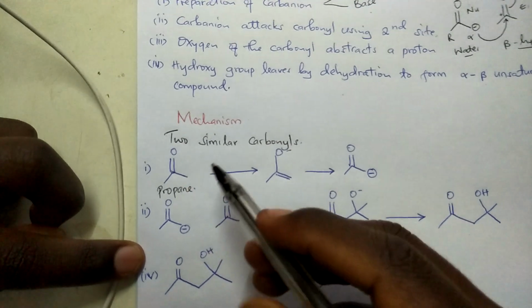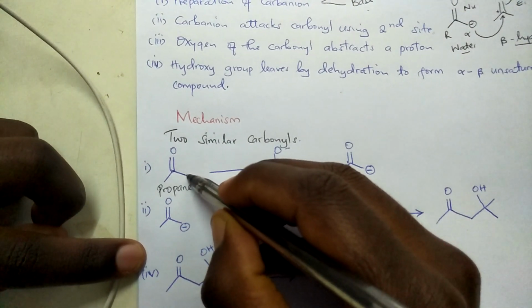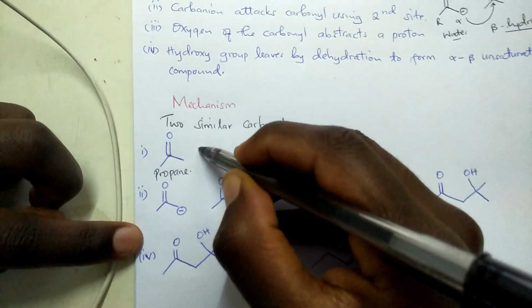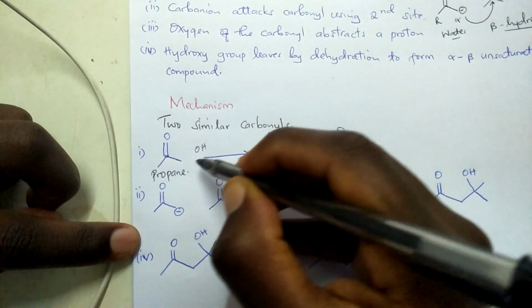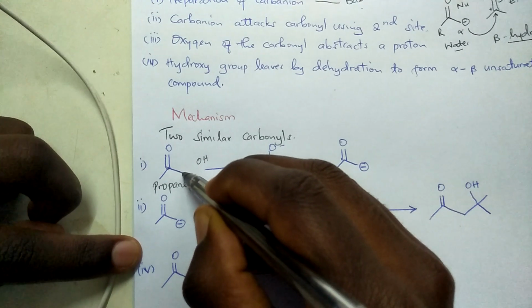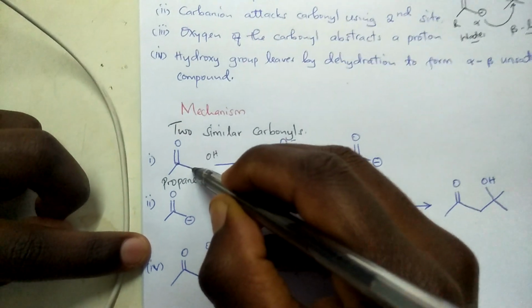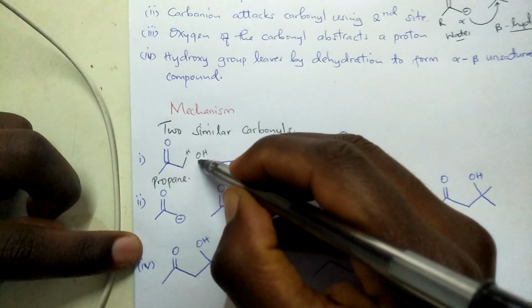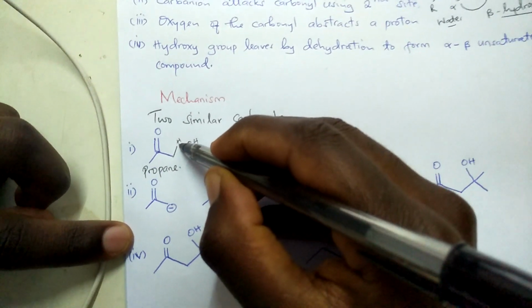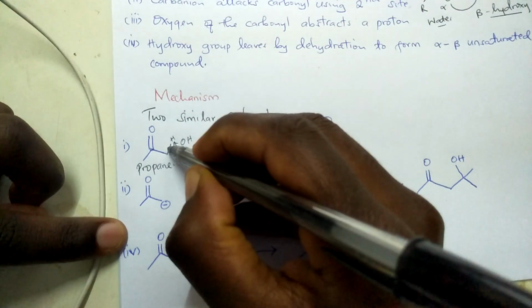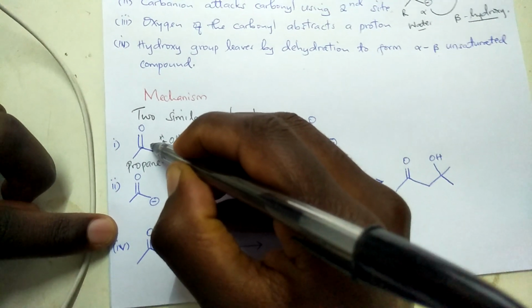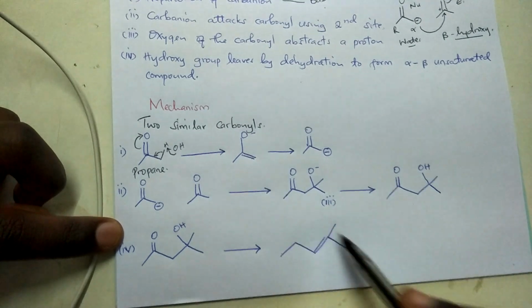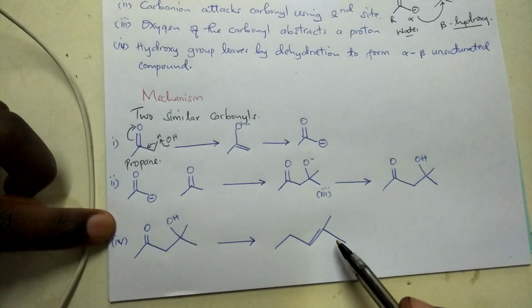Any of them can lose a hydrogen to a base. Let us use base catalysis. So if we have OH here, it can abstract a proton from here. Maybe we can have this proton here, and then it will abstract it like this, and then this bond will break into this, and this bond will open up to form this byproduct here.